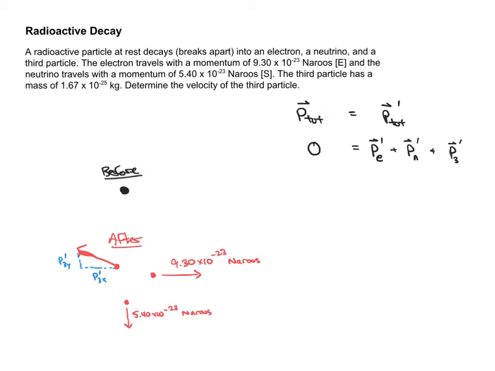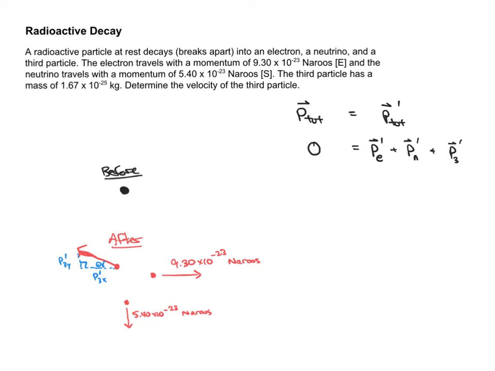For everything to make 0, I think simply the x component needs to be 9.3 times 10 to the negative 23. It needs to match the electron's momentum, and then the y component needs to match the neutrino's momentum. Then I can use the Pythagorean theorem, because this will be a right angle triangle, to figure out the hypotenuse. I can use inverse tangent to figure out the angle, which is one approach.